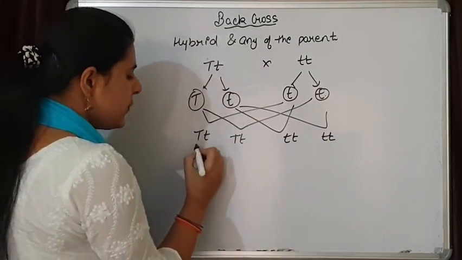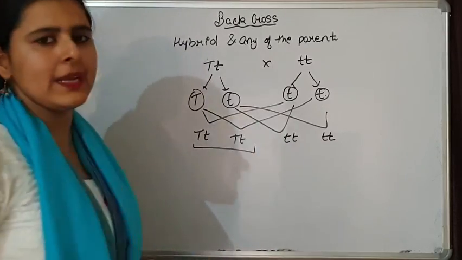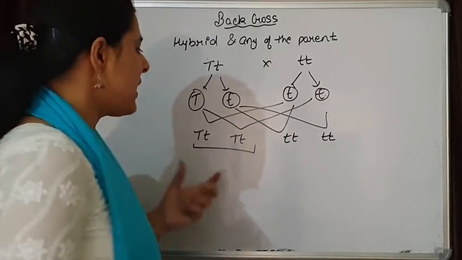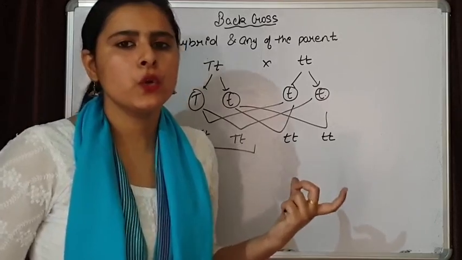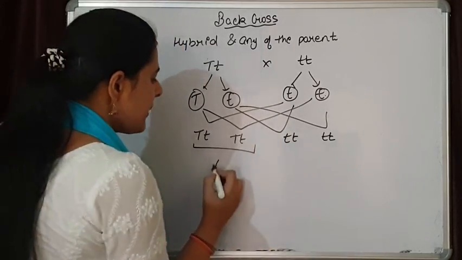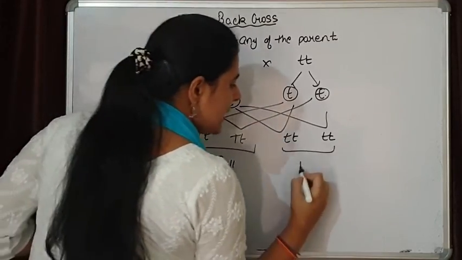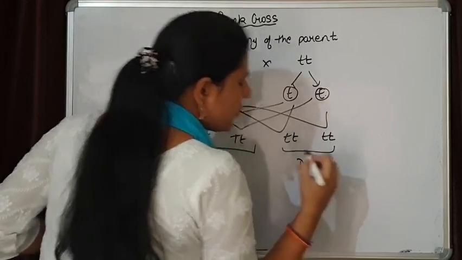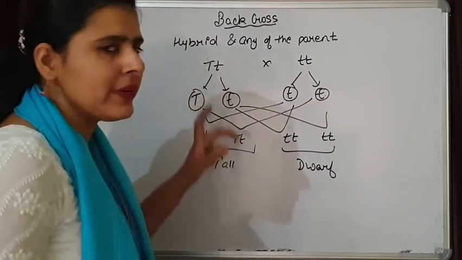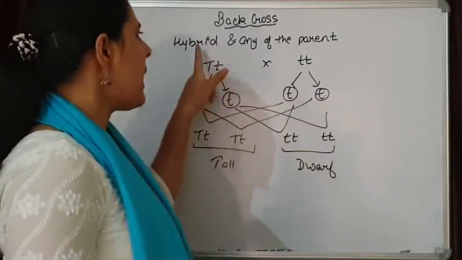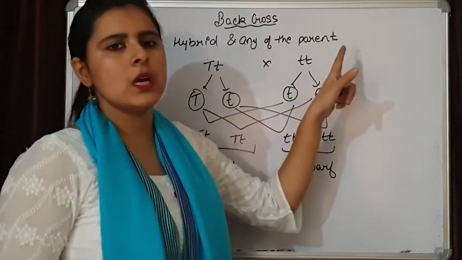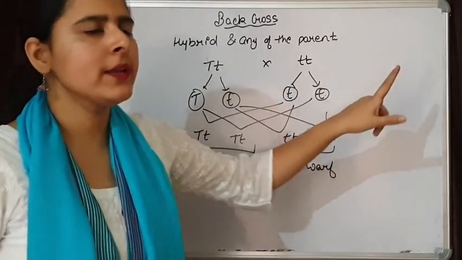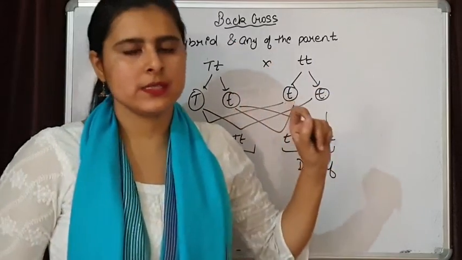So here, if we want to get a pure line dominant plant, we are not getting the pure line dominant plant. Here both types of plants are observed, tall as well as dwarf. So this is the difference that comes between crossing a hybrid with a pure line dominant plant and a pure line recessive plant.